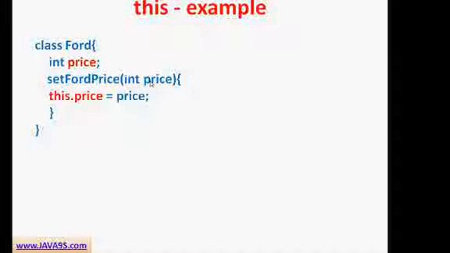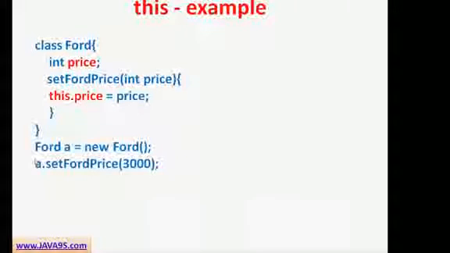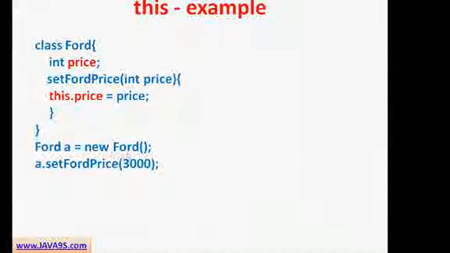So here I have a name conflict, so I have to tell it to assign the value of this price to the price that is there in the object. So the moment I create Ford A is equal to new Ford, which creates a new object, and I'm saying A dot set price.